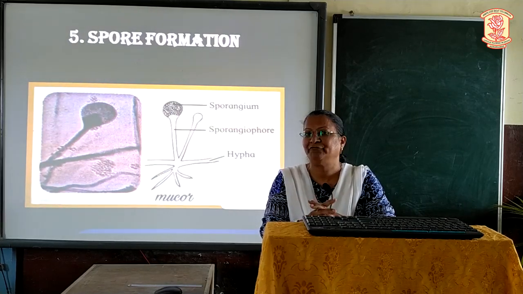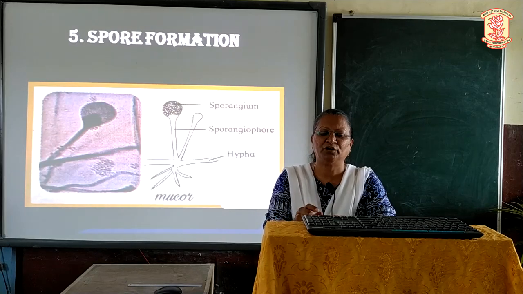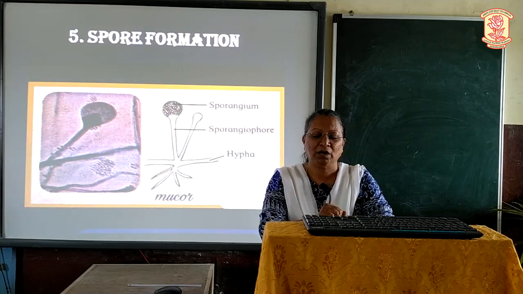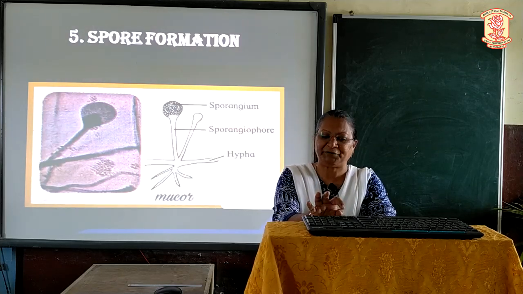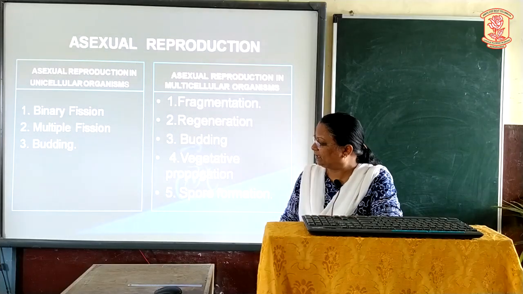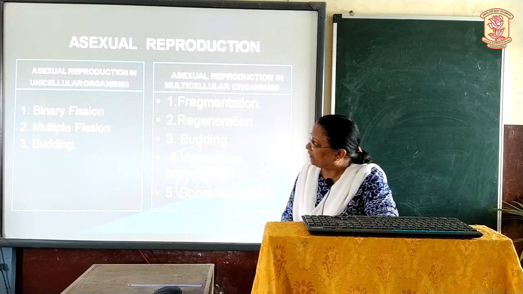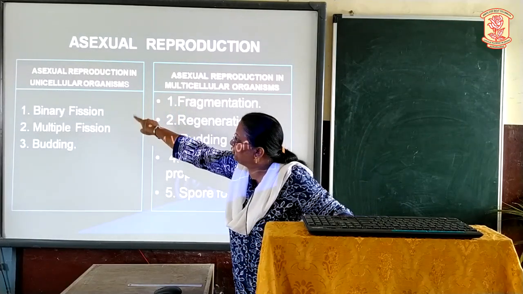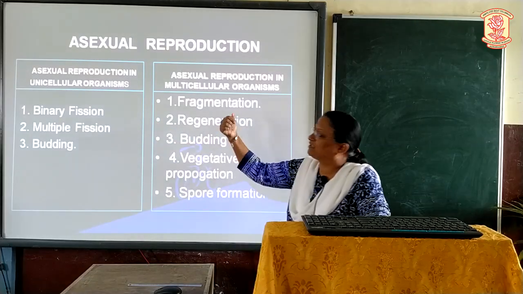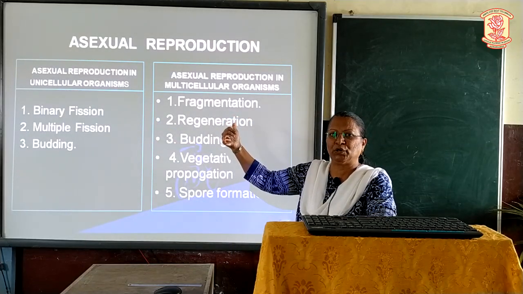With this we finish the asexual methods of reproduction. Now let us have a brief revision of whatever we have learned. What did we learn in asexual reproduction? In asexual reproduction there are two types. First is in unicellular organisms, the next one is in multicellular organisms.